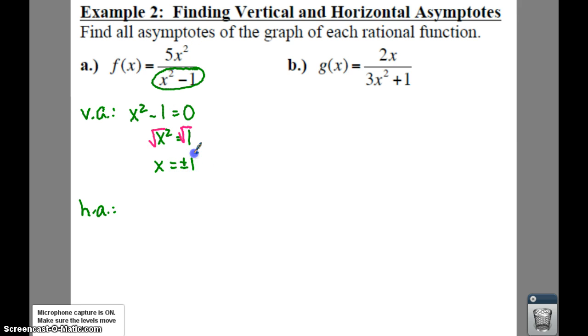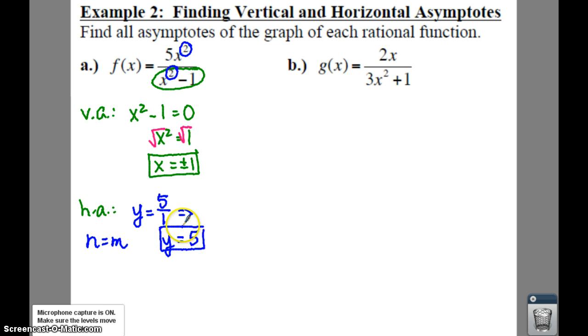So in this case, you have 2 vertical asymptotes. Now for your horizontal asymptote, you look at your degrees. The degree on top is the same as the degree on the bottom. So since n is equal to m, you take the coefficient on top divided by the coefficient on the bottom, your leading coefficients, which gives you a horizontal asymptote at y is equal to 5.